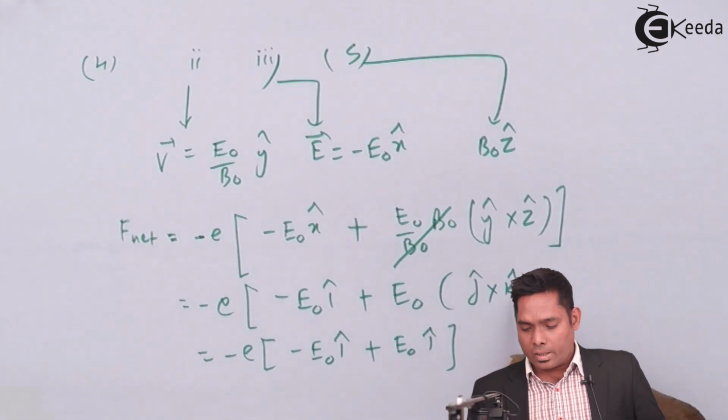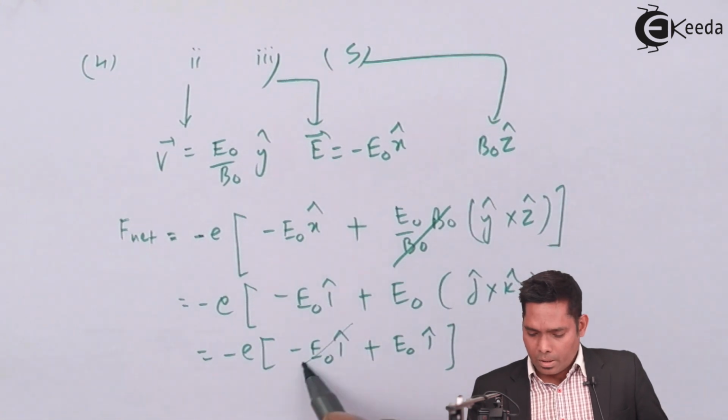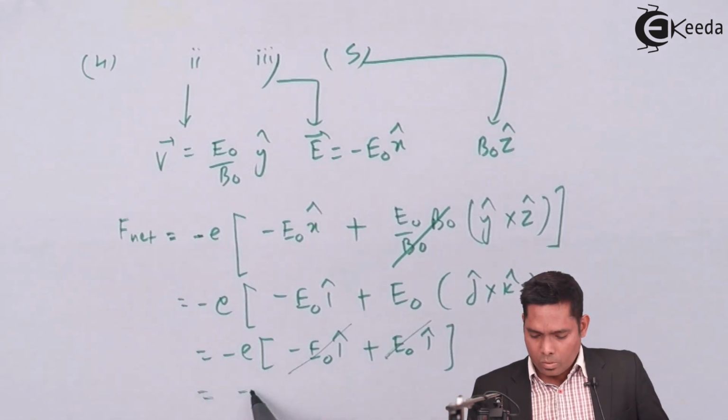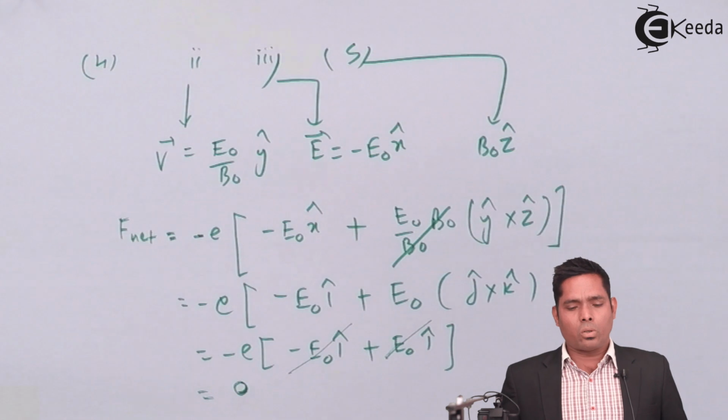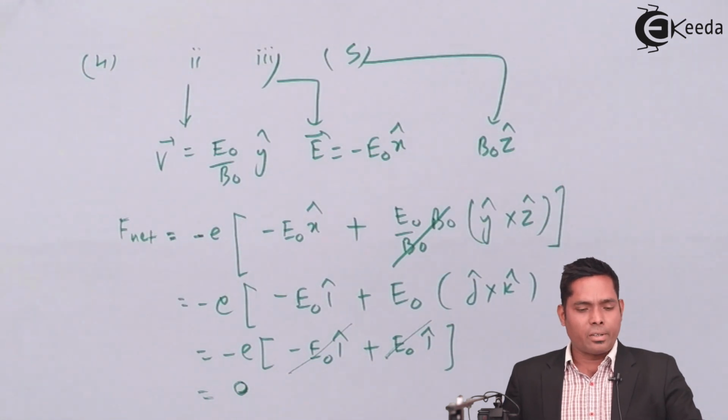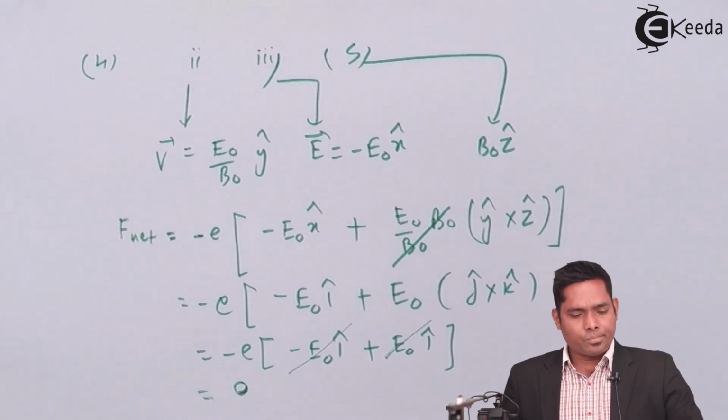So this becomes 0, and minus E into 0 becomes 0. So in this case, net force is 0. If net force is 0, the body must move in a straight line with constant velocity.